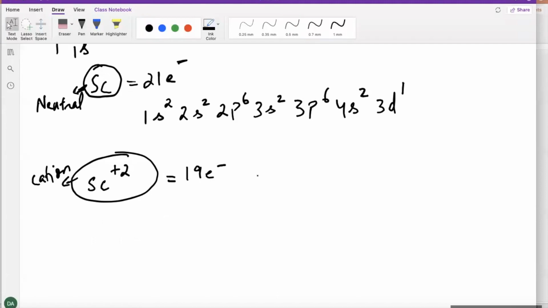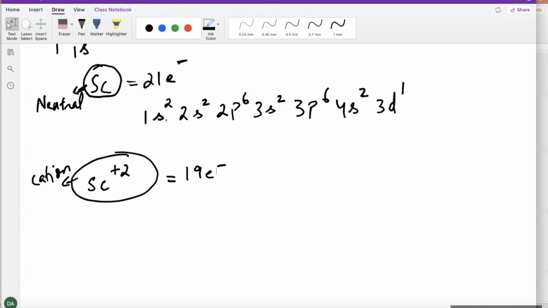Now, guys, something to remember here, and a very, very common mistake or confusion on the exam. So scandium plus 2 has lost 2 electrons, the question is, where did they lose the electrons from? Can we remove any electron from this electron configuration? So we need to tell where the electron is lost from.